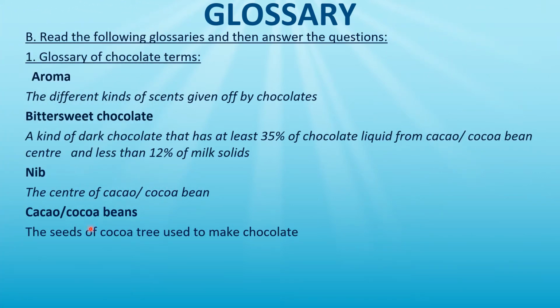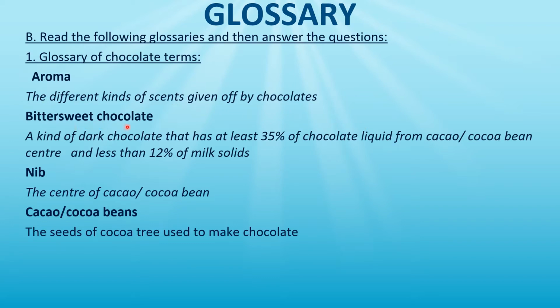Here in glossary we have: read the following glossaries and then answer the questions. Number 1 is a glossary of chocolate terms. We have different words about chocolates here and their meanings also. Aroma, the different kinds of scents given off by chocolates.